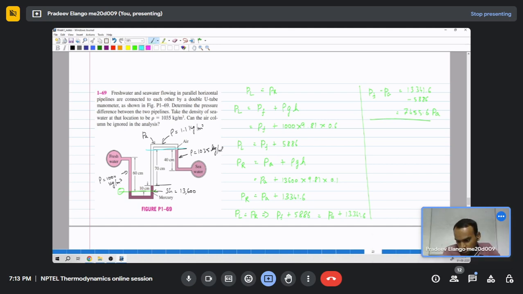Similarly, on the right side, here again you can say the pressure above the limb and below the limb is the same. Any idea how you can solve this?